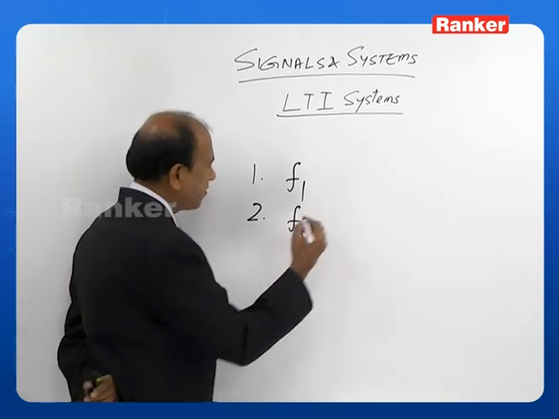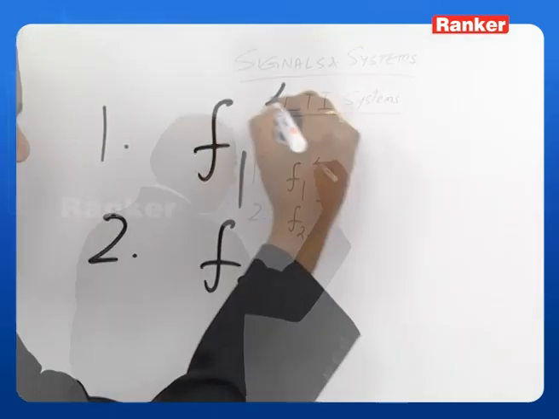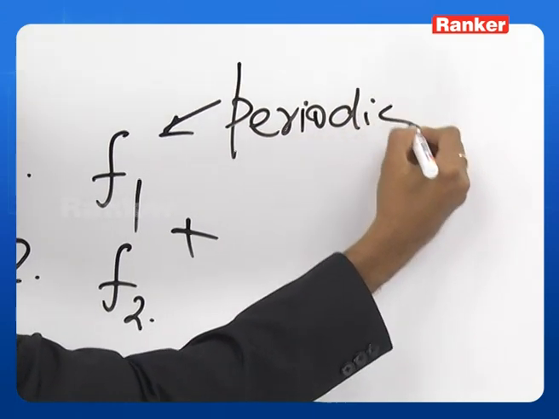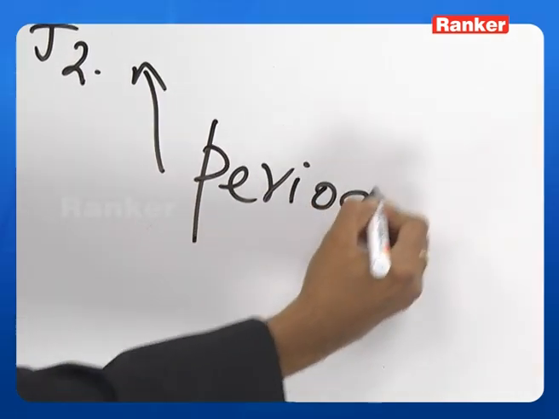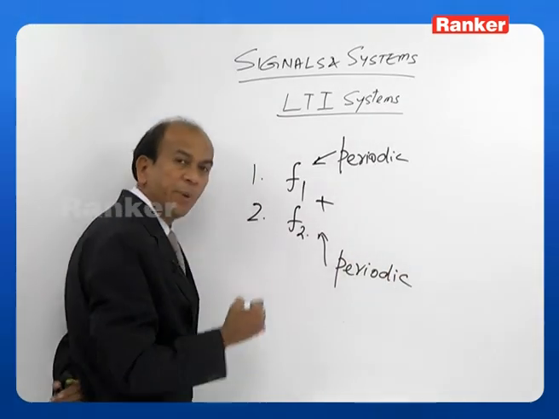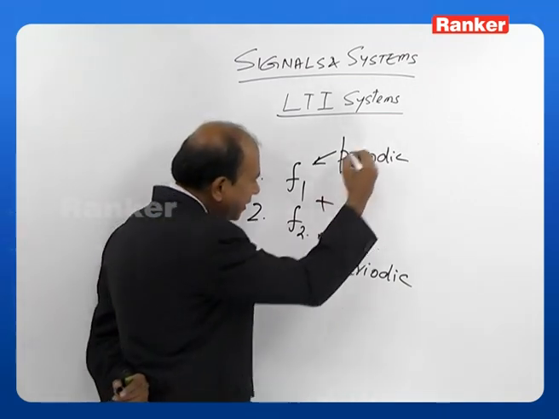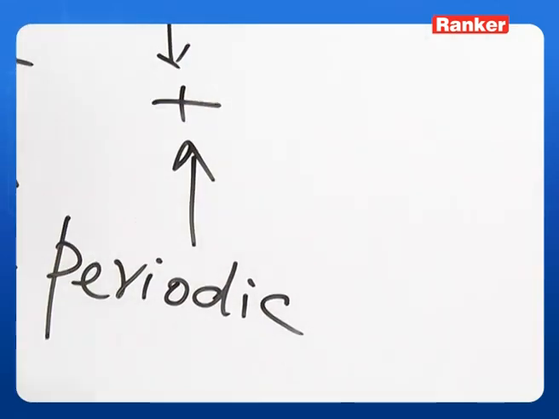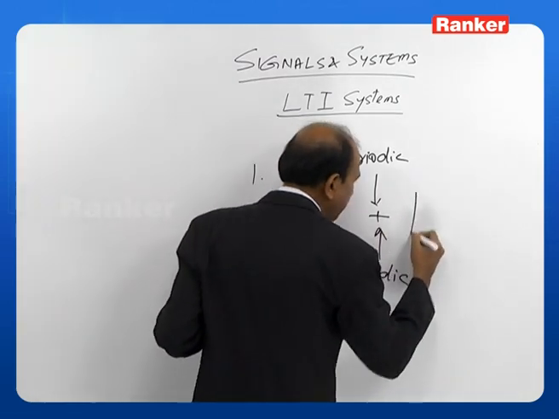Now let us add these two signals. This is periodic by itself, and this is also periodic by itself. So what am I doing? I am adding a periodic signal and another periodic signal. If I add these two, the resultant signal is also periodic.